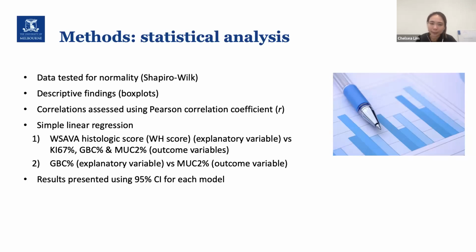Finally, 3 linear regression models were performed to assess first if WASAVA histologic score significantly predicted 3 outcome variables, as mentioned earlier, and if goblet cell staining percentage significantly predicted MARC2 index. This involved using interaction terms and comparing the magnitude of differences, gradients of trends, and their 95% confidence intervals amongst the 3 study groups.